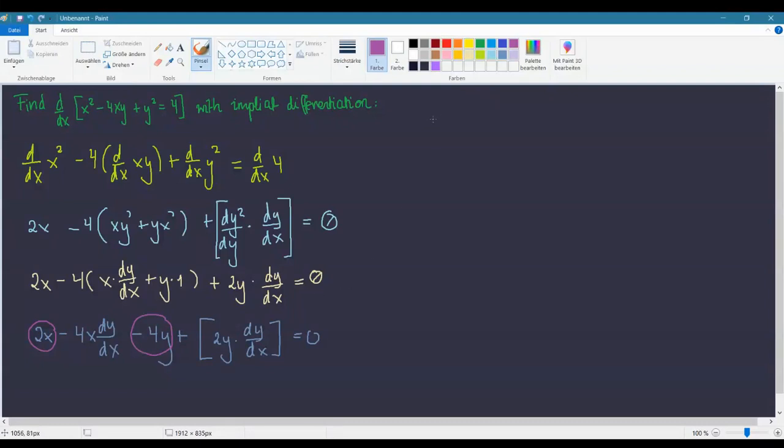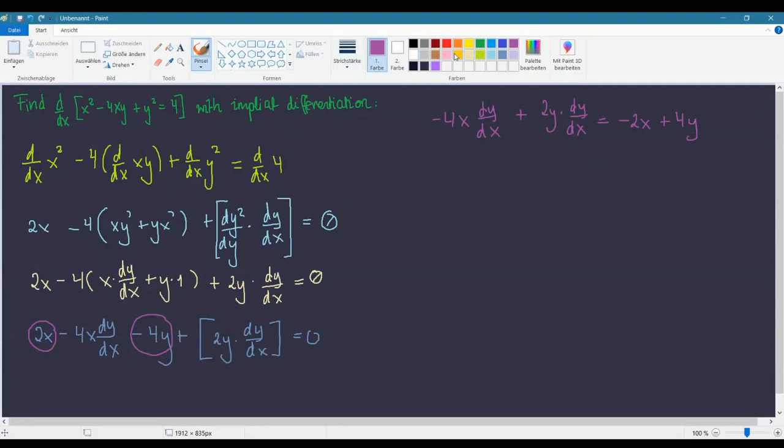So we're actually going to end up with negative 4x times dy over dx plus 2y times dy over dx is negative 2x plus 4y.